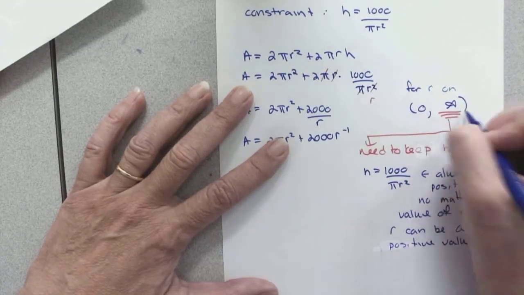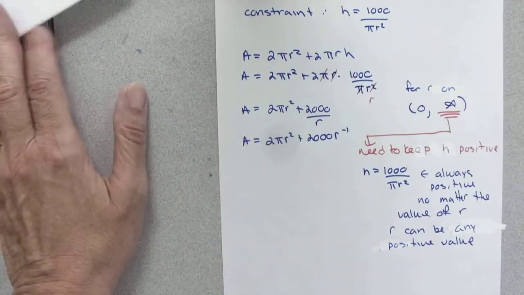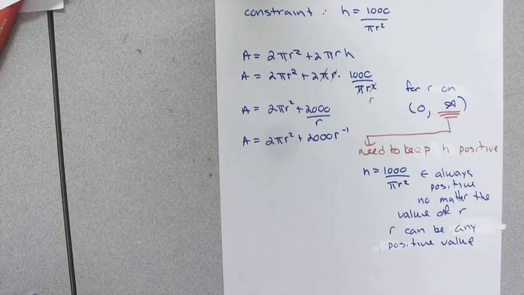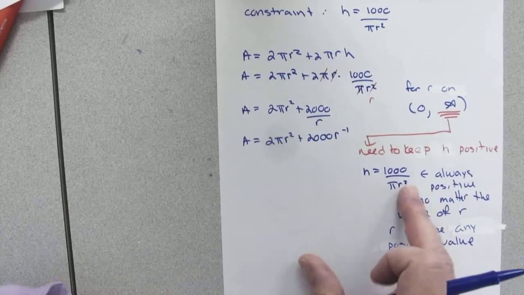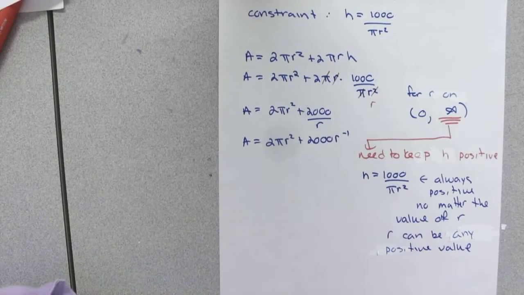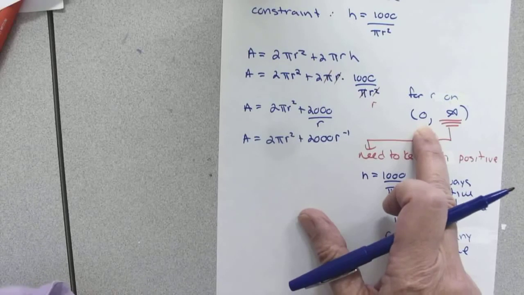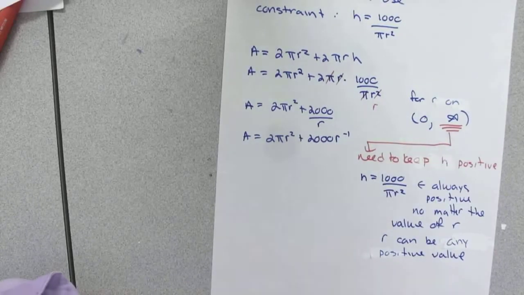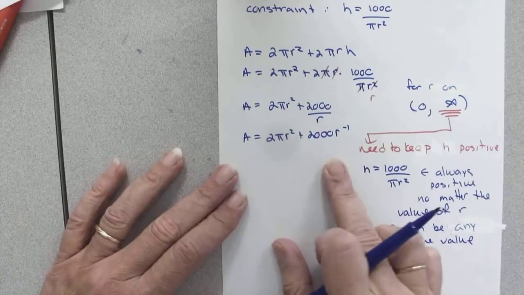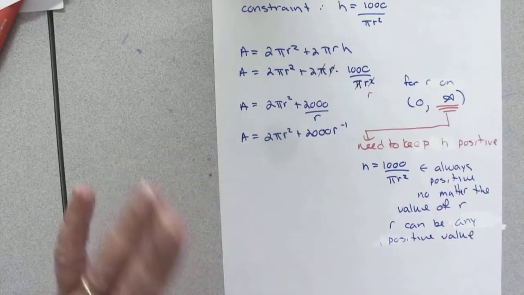And so that makes my upper limit infinity. That there is no upper limit here as far as maintaining the positive status of h. Even r could be negative. Mathematically, r being negative wouldn't matter. But we'd already decided that r was going to be positive because r is a distance. And so we could have any positive value, so that takes us up to infinity. And so there's my function and my interval.